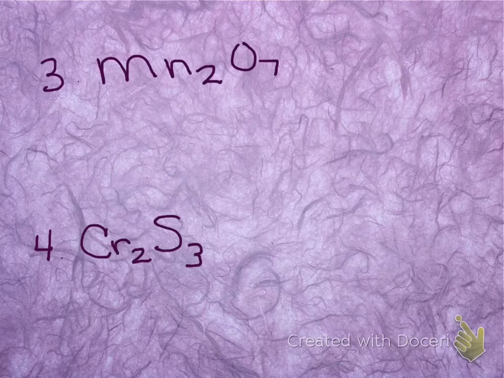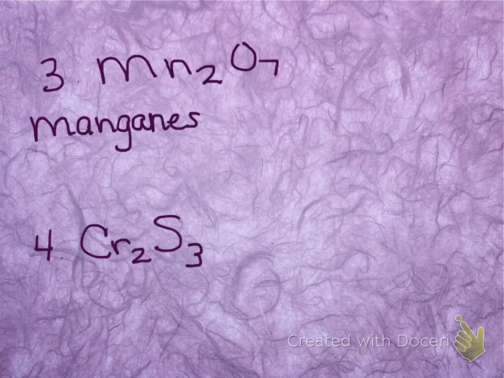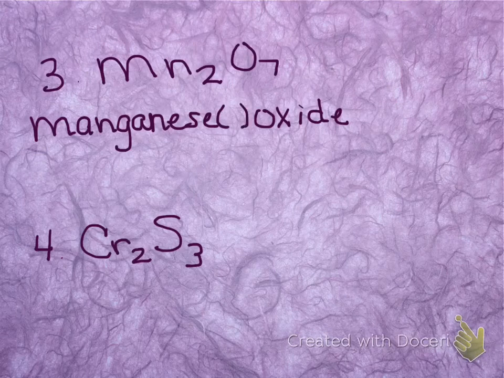Let's look at another example. Mn, don't confuse it, it's not magnesium, it's manganese. O is oxide. Since manganese is a transition metal, we have to have a Roman numeral. Let's look. Oxygen on the periodic table is -2. We have 7 oxygens, so we have 7 ions with a -2 charge.